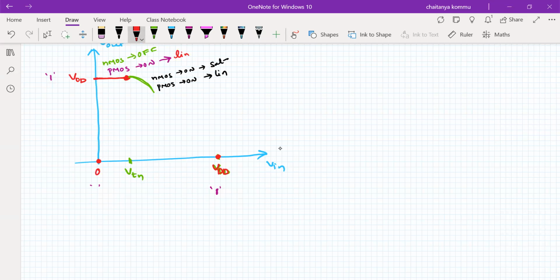So as we keep increasing the input voltage from 0 to VDD, the NMOS transistor goes from off to saturation, and saturation to maybe the linear region. Whereas the PMOS transistor goes from linear region to saturation, and saturation to cutoff. In the last case, the PMOS is in the cutoff region. That is how the movement goes, something like this.